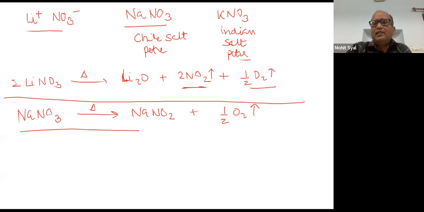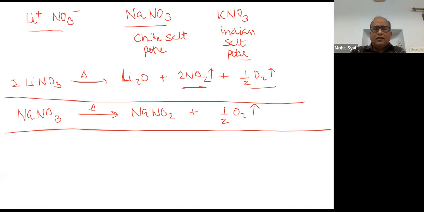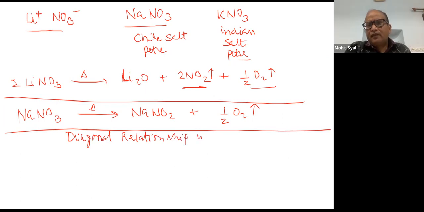The next thing is diagonal relationship. Just quickly we can go through it. Diagonal relationship actually occurs between lithium and magnesium.